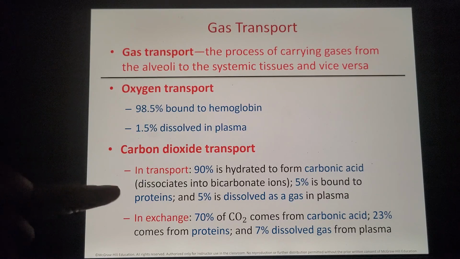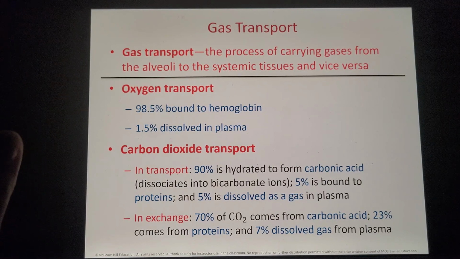Some of it is bound to different proteins, and then some of it is just dissolved as a gas in the plasma. So during exchange, most of your carbon dioxide is going to come from the reverse of that carbonic acid equation. Some of it comes off the proteins, and then some of it is just coming from your dissolved gases.